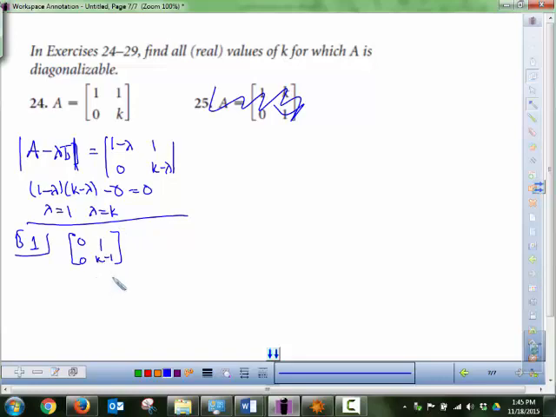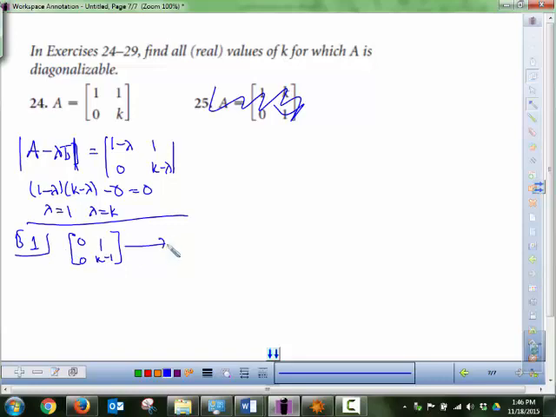So can k be anything? Can k be 0, 1, 2, 5, 7? So if k is equal to 1, then the whole bottom is 0, and then you're kind of done with that. So k can be 1. Can k be equal to 2? Yeah.